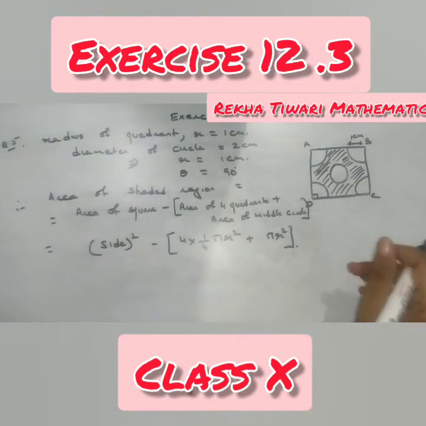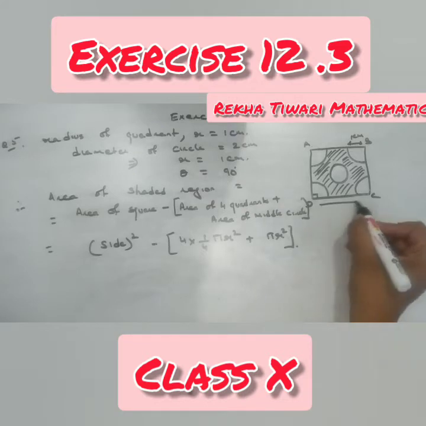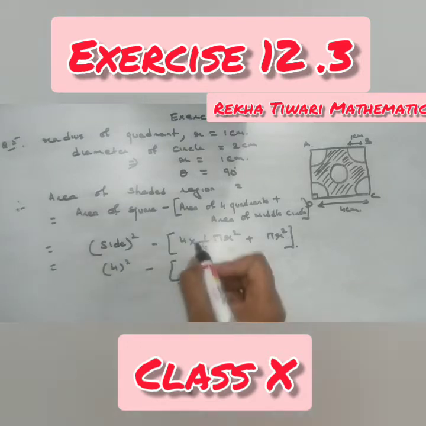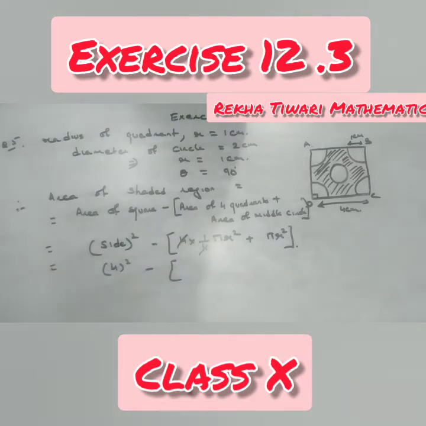Now what is the side of the square given to you? The side is 4 centimeter. So write here 4 square minus, you can cancel 4 from both sides. This is pi r square plus pi r square, 2 pi r square. So this is 16 minus 2 into 22 by 7 into 1 into 1, because the radius is 1.